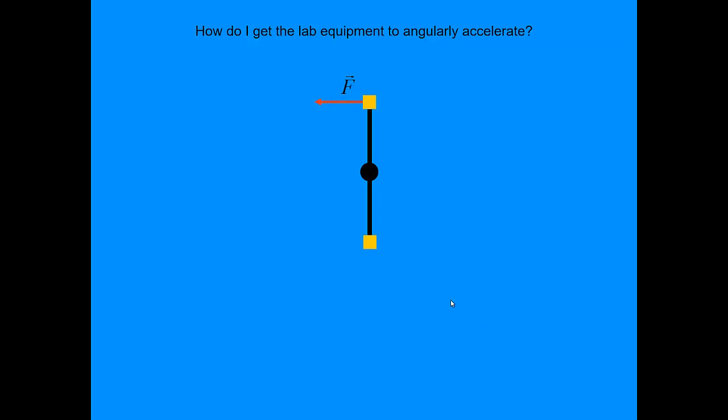We need to apply the force somewhere away from the axis of rotation so that that force provides what we've been calling a torque. And if there's a net torque, it'll make it angularly accelerate. So we have to have a force that applies a net torque that results in an angular acceleration.